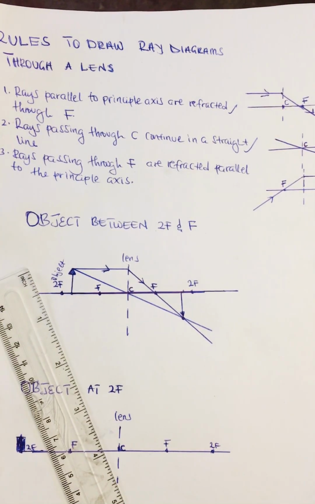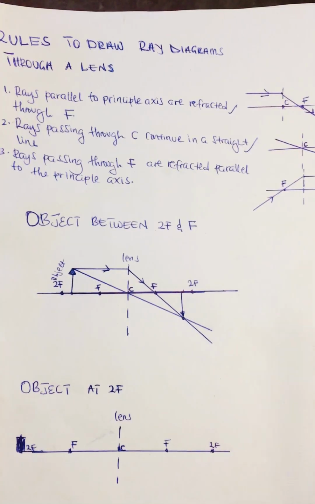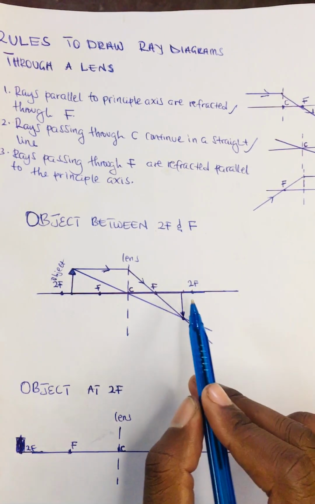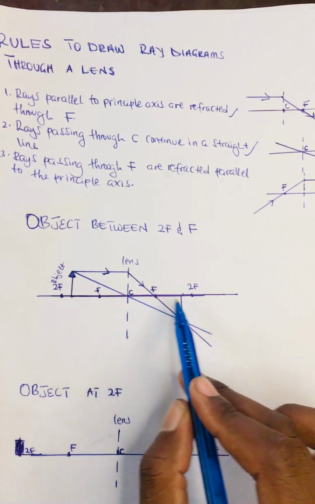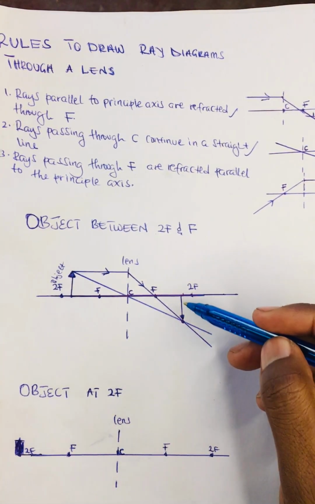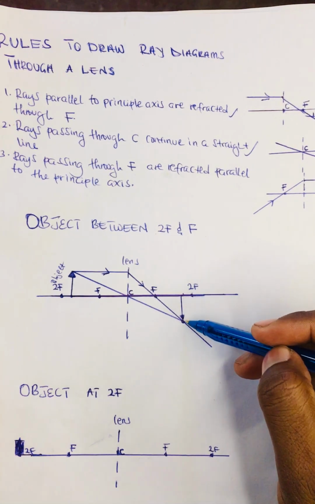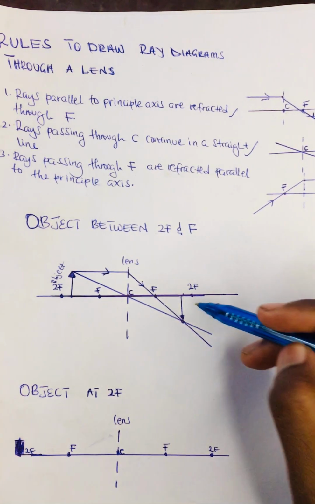So what are the characteristics of the image formed? Number one, the image is between F and 2F. The image is inverted, meaning it is upside down. The image is real.